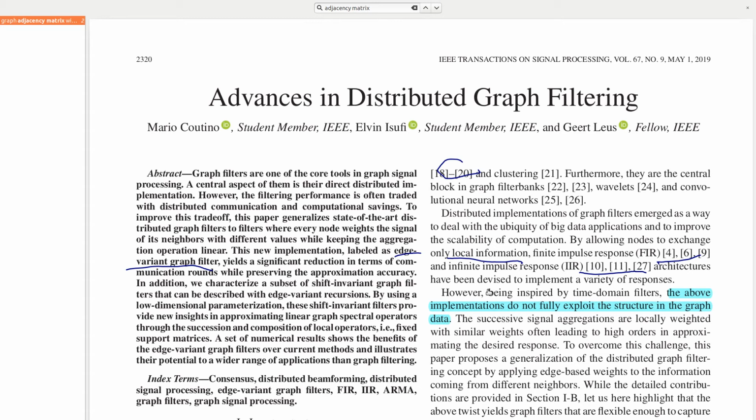And essentially the paper here is one of the latest works on distributed graph filtering. It summarizes some of the earlier work and also compares with the work they propose.